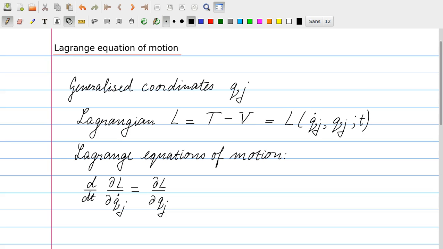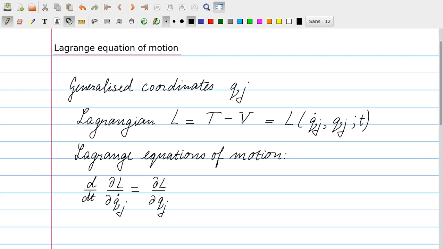So I would like to start by reviewing the Lagrange formalism, and in particular the Lagrange equations of motion. They are formulated in terms of generalized coordinates, and those are the coordinates that we use to describe systems that may be subject to constraints, and they correspond to the degrees of freedom, so each degree of freedom has its own generalized coordinate.